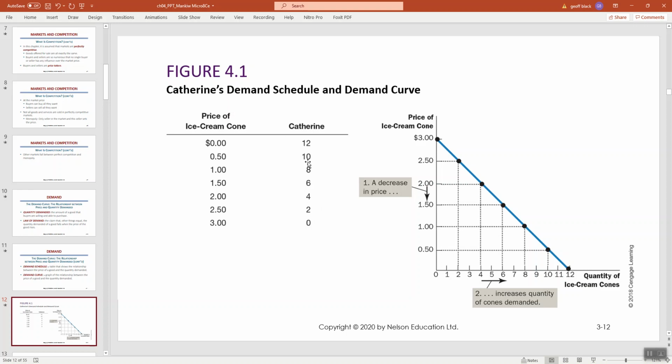Now this is for just one person. And we can graph that, right? This is using that Cartesian coordinate system. So you have a y-axis and an x-axis. So we always put price on the vertical and quantity on the horizontal, okay? And what this graph shows us is that the demand curve is negatively sloped. It's sloped downward, okay?